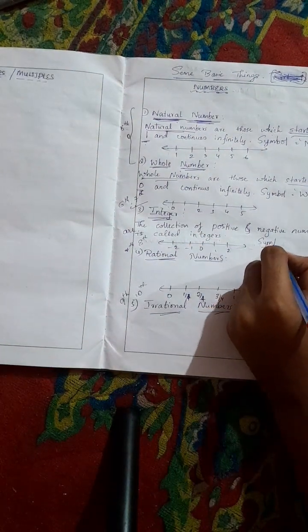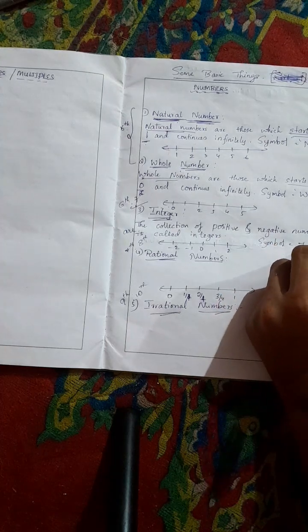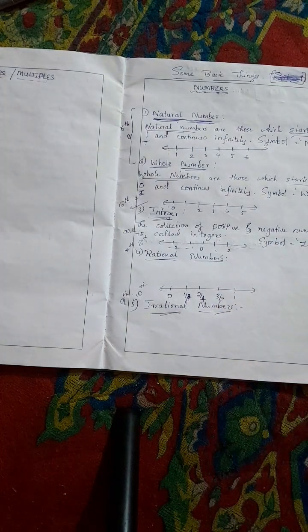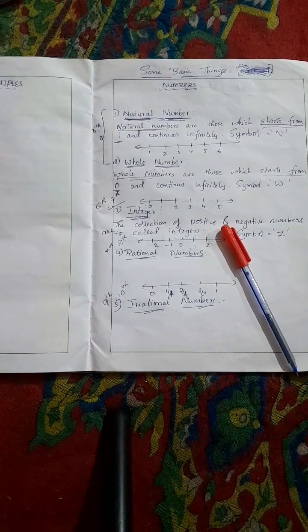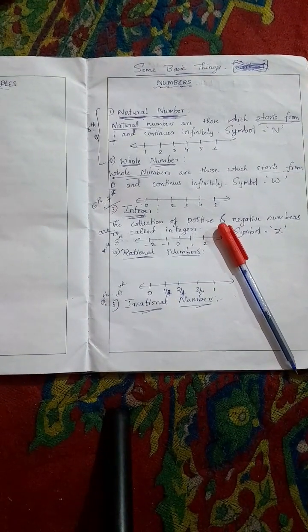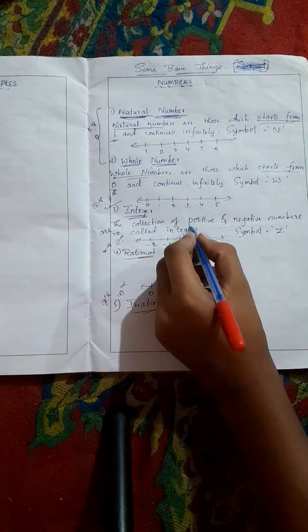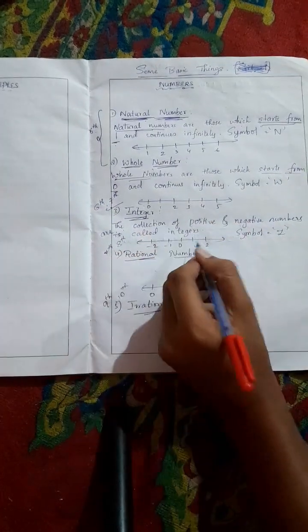Symbol Z. The collection of positive and negative numbers is called integers.